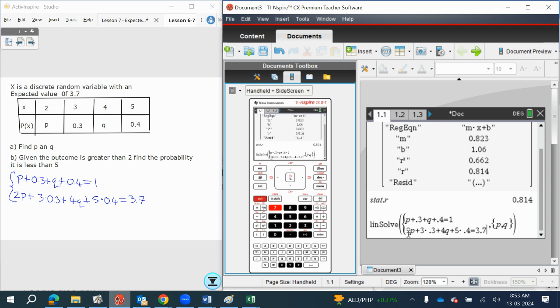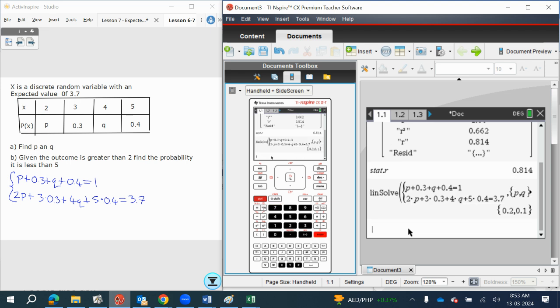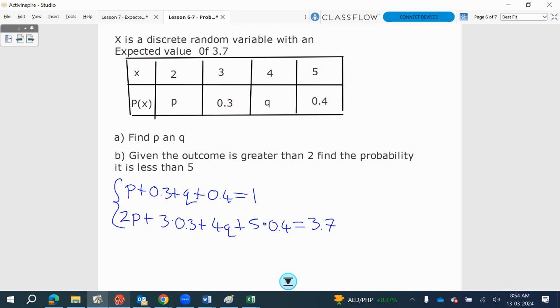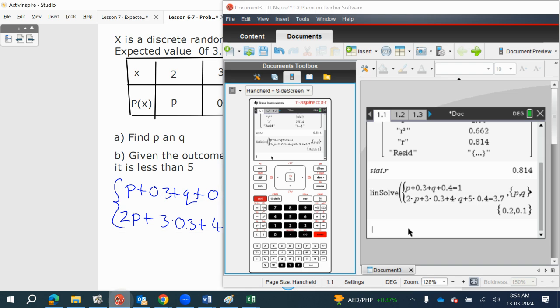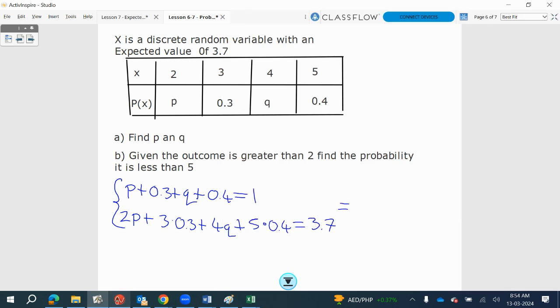Press enter. I get my two answers, 0.2 and 0.1. Which one's which? 0.2 is p. So this implies p equals 0.2, q equals 0.1.